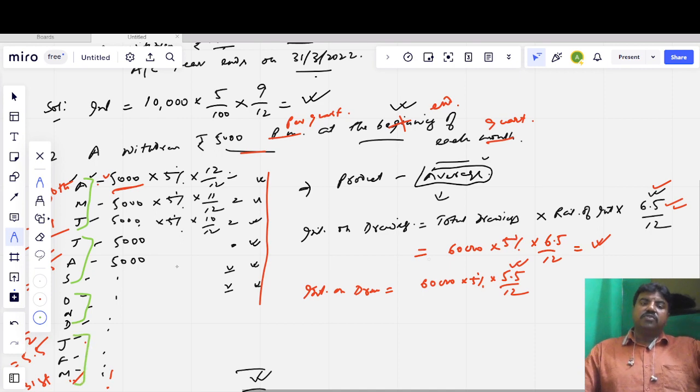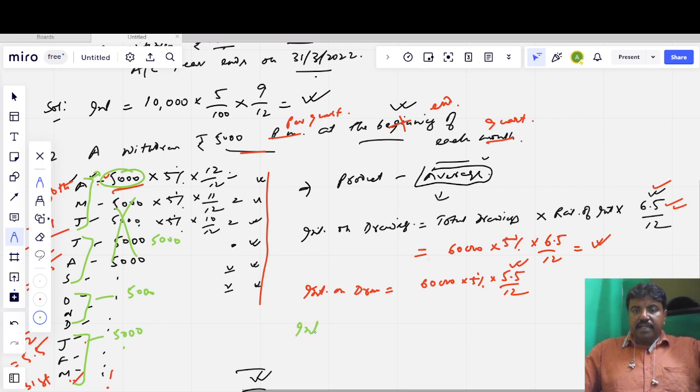And January to March, fourth quarter. On 1st April he withdrew 5,000. Then again on 1st July, he withdrew 5,000. On 1st October, 5,000. And on 1st January, 5,000. So this is the drawing pattern at the beginning of each quarter.